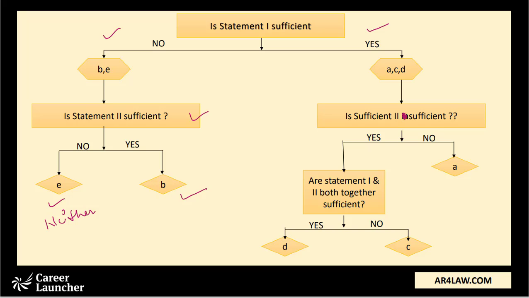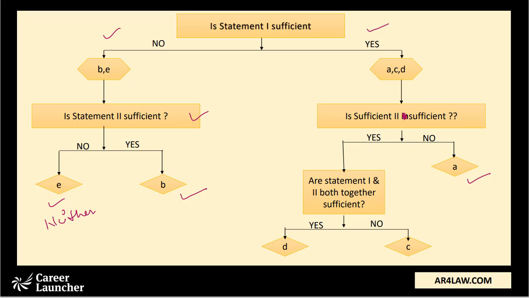Now in the next step, we'll check, is statement 2 sufficient? We've already checked that statement 1 was sufficient, so we got our answer as yes. Then we go further down to statement 2 and see if it is sufficient. If not, then we can conclude that only statement 1 is sufficient to answer the question, and we would go ahead and mark A.